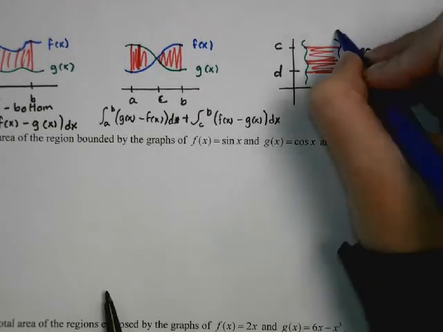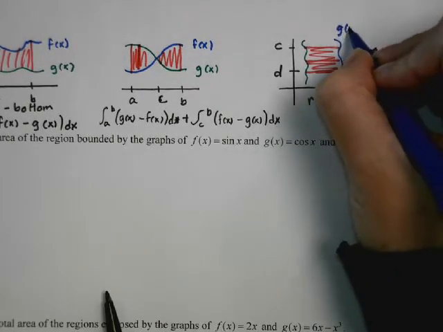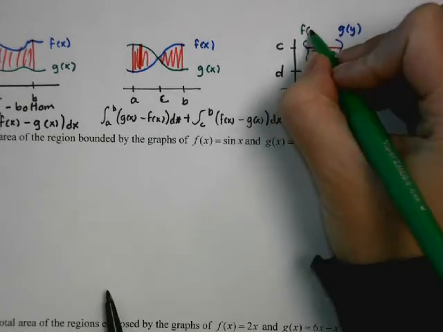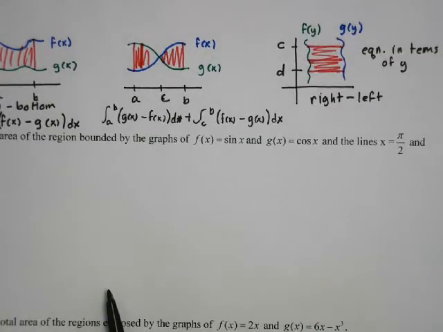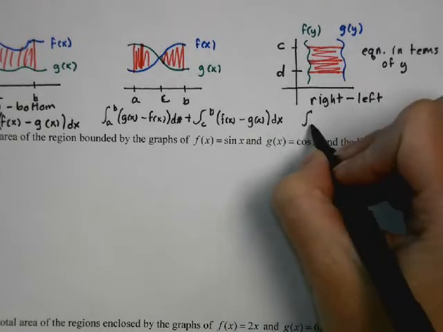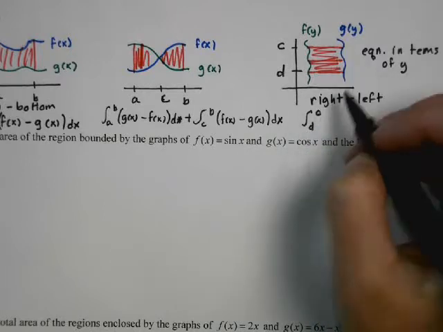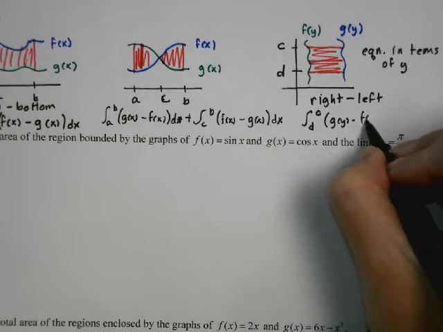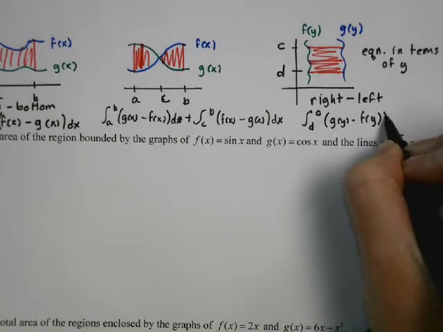Okay, so let's say this is g of y, this is f of y. So this is going to be the integral from d to c of g of y minus f of y dy.